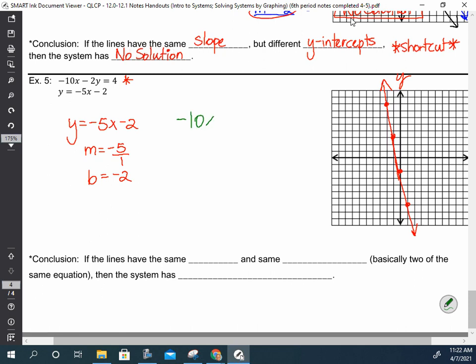So the second equation, I can't avoid it anymore. I have to rewrite it. So in rewriting it, the x has to move to the other side. Divided by negative 2.